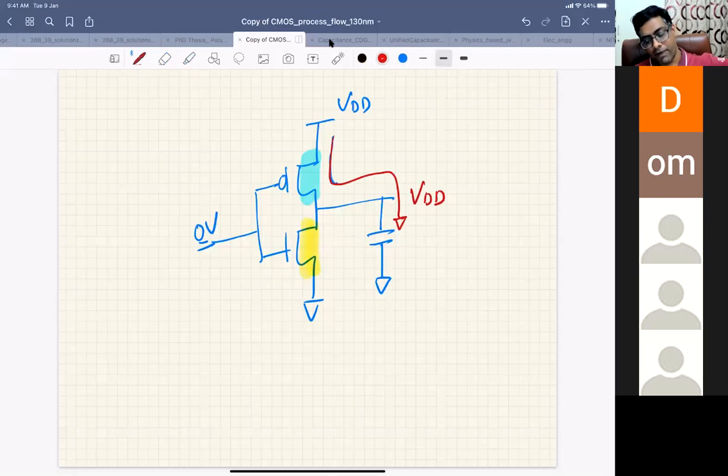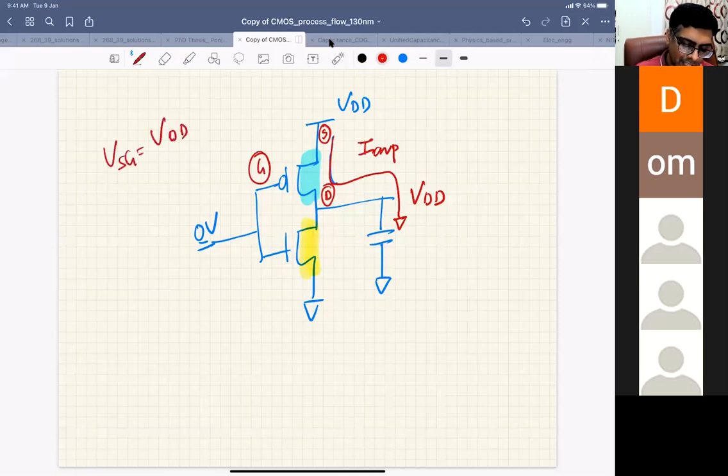How fast this capacitor is charged depends on the on current of your PMOS transistor, because when I give 0 volt, this is your source, this is your drain and your gate. Your VSG is VDD, and in the beginning your VSD is also VDD.